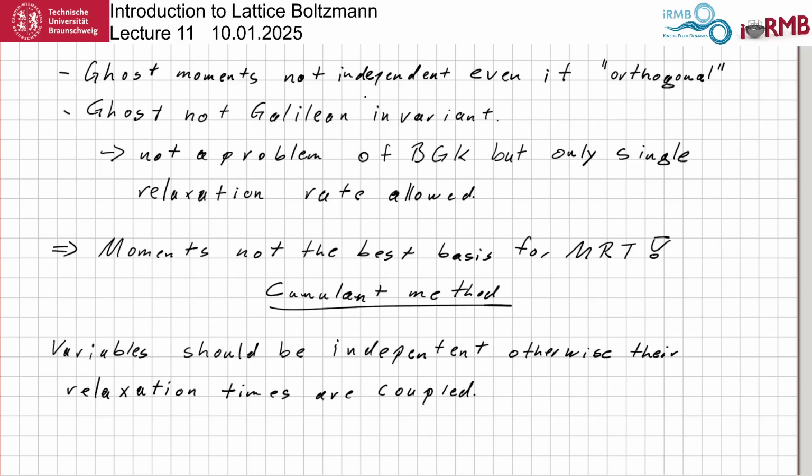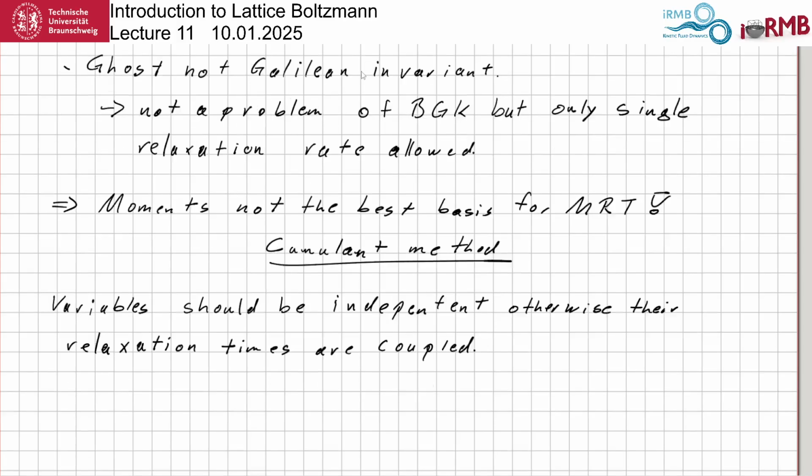So if you want things to evolve at different time scales, as we propose by using MRT, then these variables have to be independent. They have to be uncorrelated. Because if one follows the other, it will always also follow its time scale. So it is of utmost importance that, if we want different time scales for different variables, these things are really independent of each other. They don't follow each other.